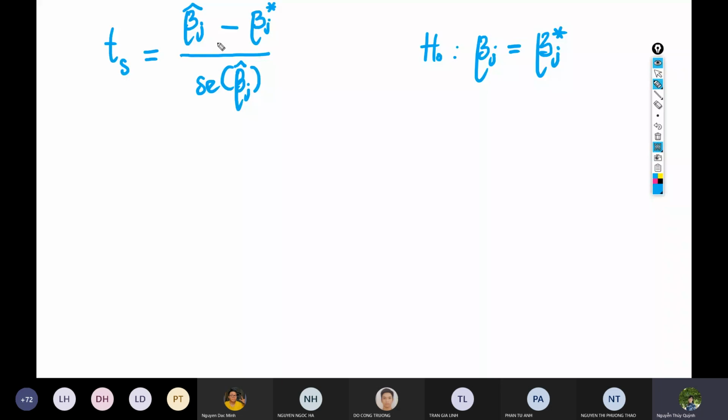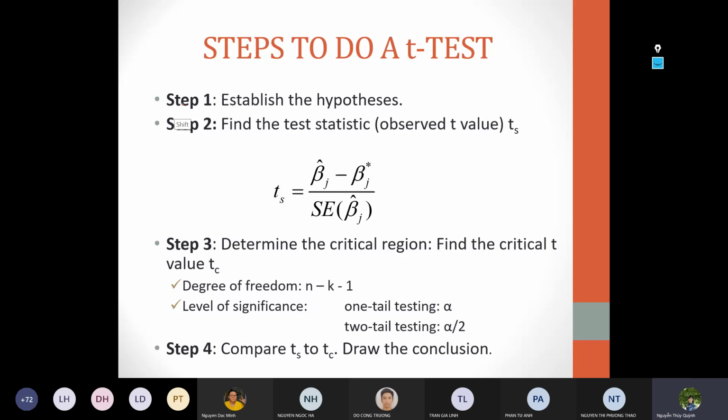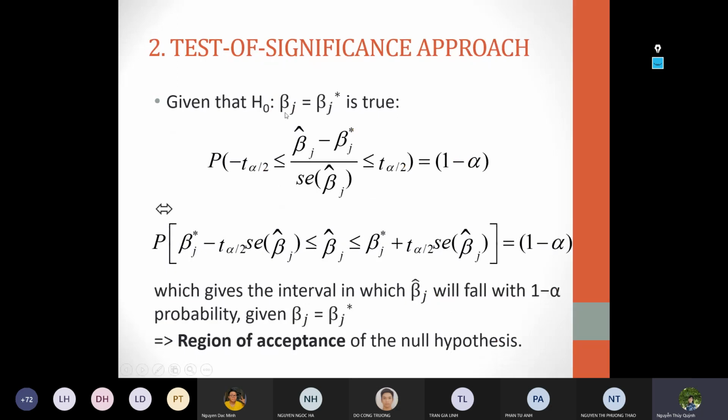So this is calculated when we assume that H0 is correct, which means that beta j is equal to beta j star. Then you can construct the 1 minus alpha times 100% confidence interval for the observed value of beta j hat.